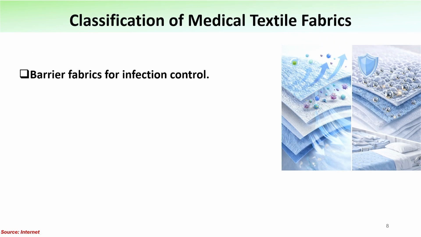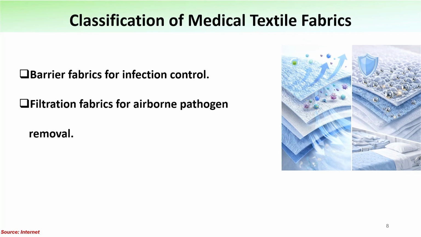So, if we classify the medical textiles, there are barrier fabrics for infection control. There should be a barrier, it should not allow any microbes or virus to penetrate. Then filtration fabric for airborne pathogen removal.